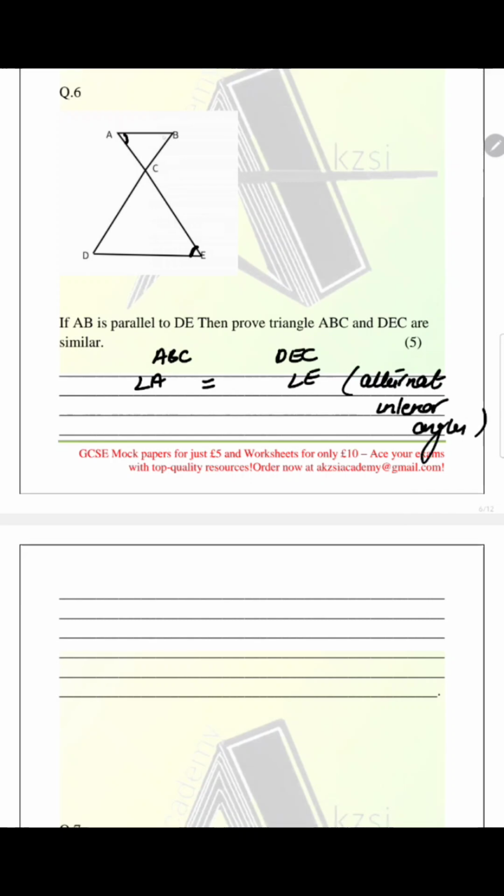Similarly, angle B is equal to angle D, which is again because of alternate interior angles. Also, angle C is equal to angle C, which is angle ACB is equal to angle DCE because of vertically opposite angles.